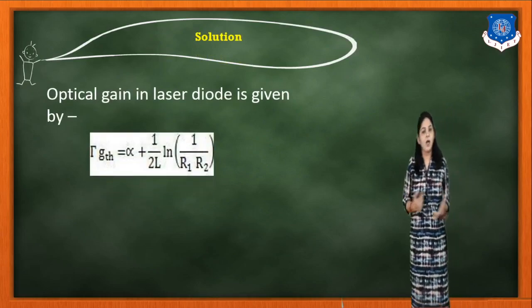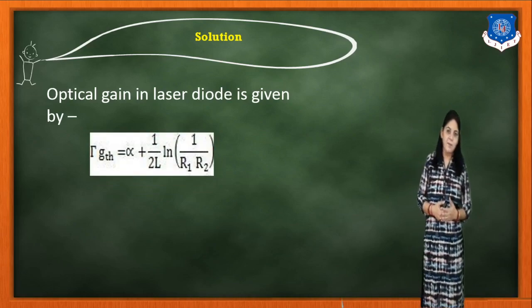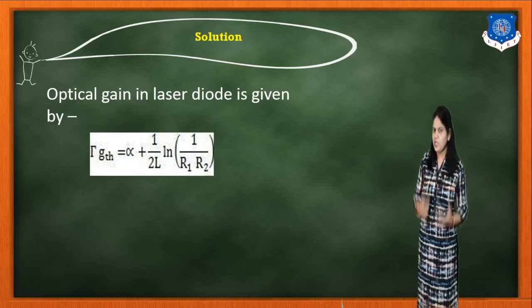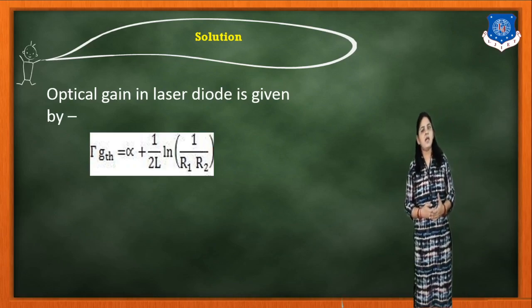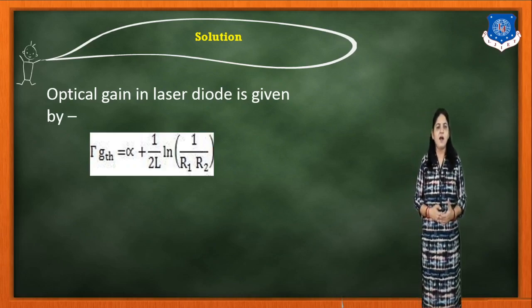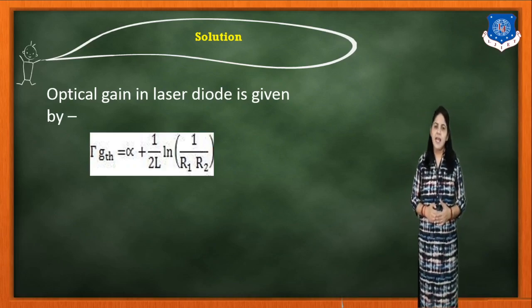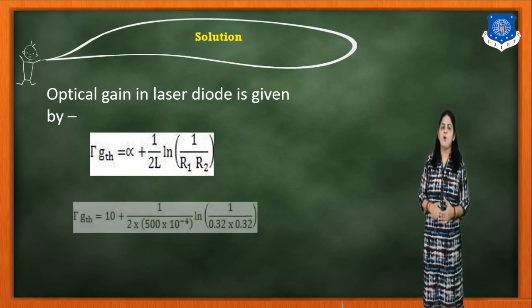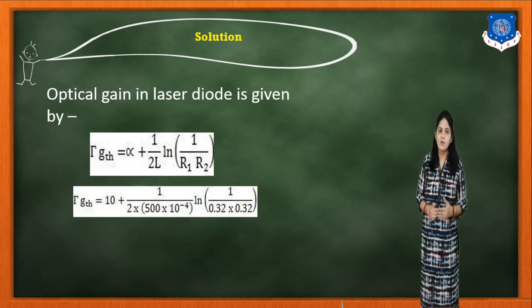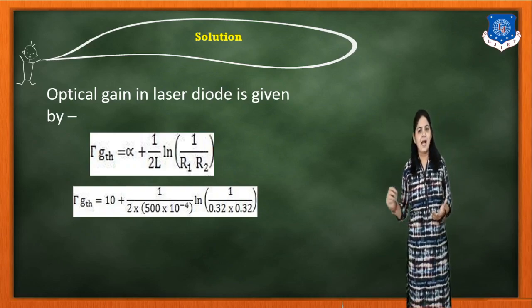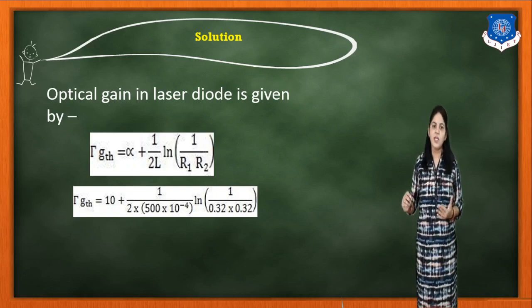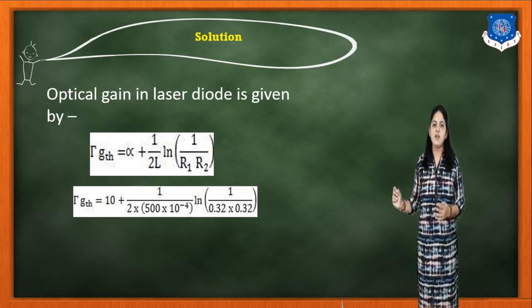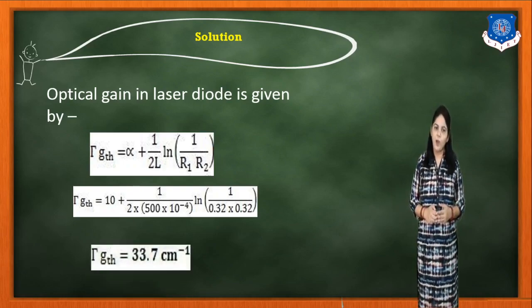Now these are all important equations that we need to remember for any parameter calculation related to the laser. ΓGth = α + (1/2L) ln(1/(R1R2)). Putting in all the values given above, ΓGth = 10 + (1/(2 × 500 × 10^-4)) ln(1/(0.32 × 0.32)).